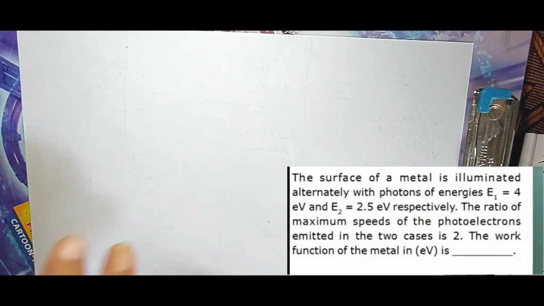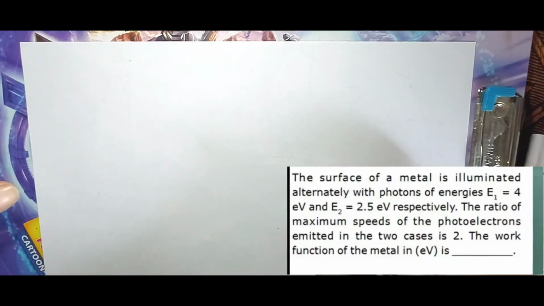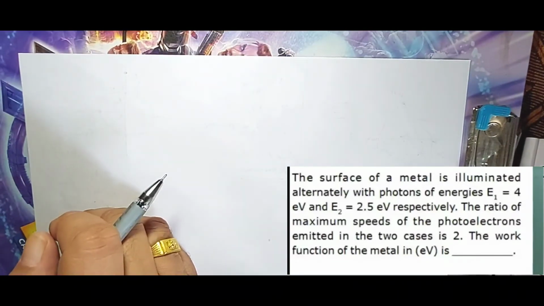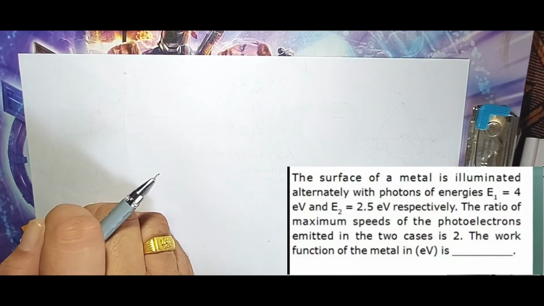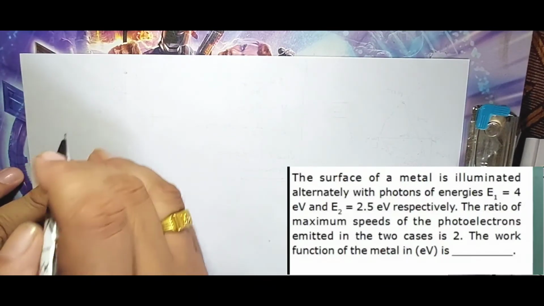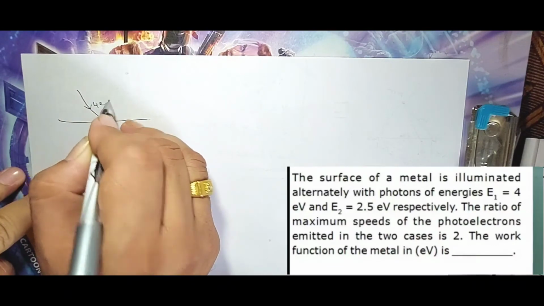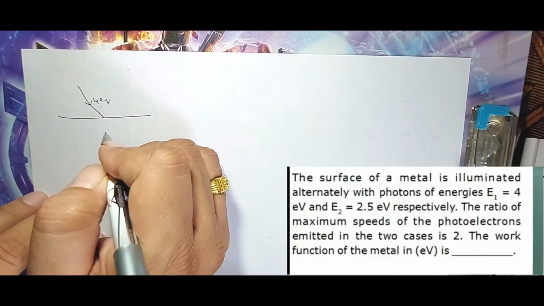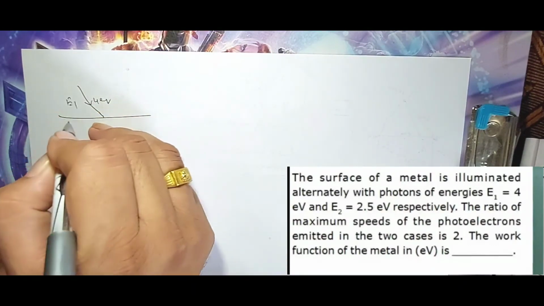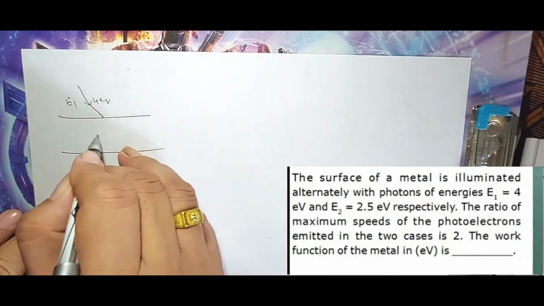Now, let us discuss another problem. The surface of a metal is illuminated alternatively with photons of energies E1 equal to 4 electron volts and E2 equal to 2.5 electron volts.